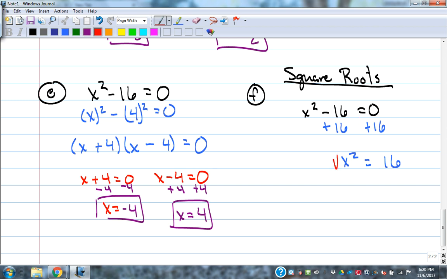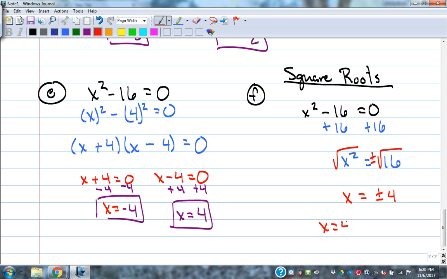So here we would take the square root of both sides. The key is that when you take the square root of a number, you've got to put the plus or minus in front of it, because the square root of 16 is not just 4, but it's positive 4 or negative 4. When we take the square root of something squared, it takes the squared away.